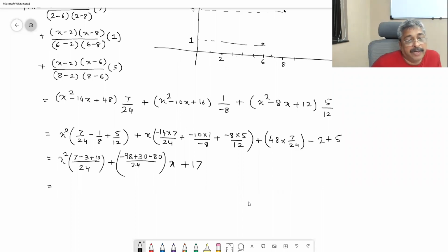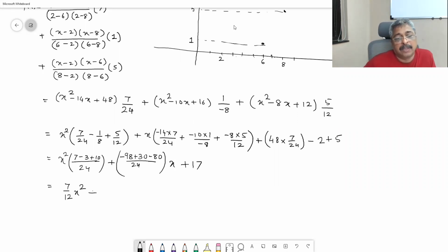There, 17 minus 3, 14 upon 24, 7 by 12 x square. I am wrong because I am very bad these days in algebra.